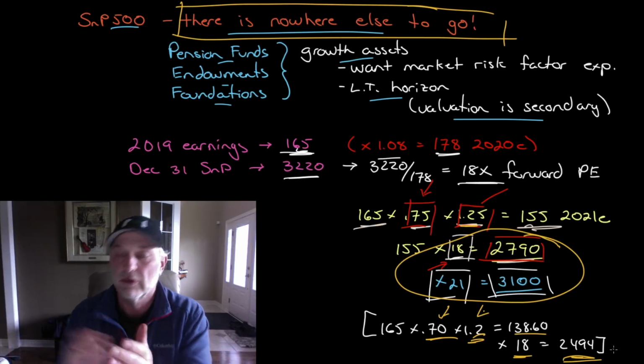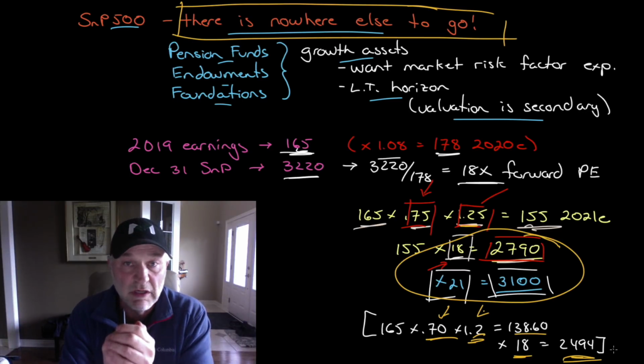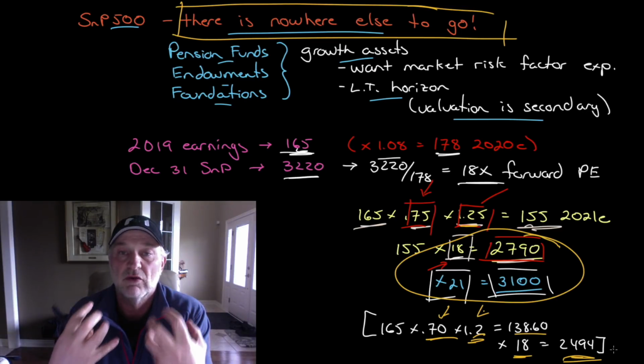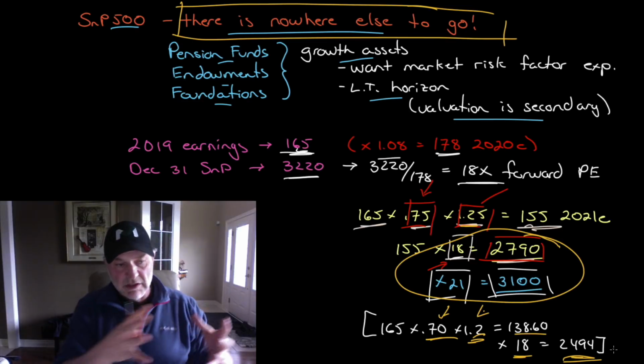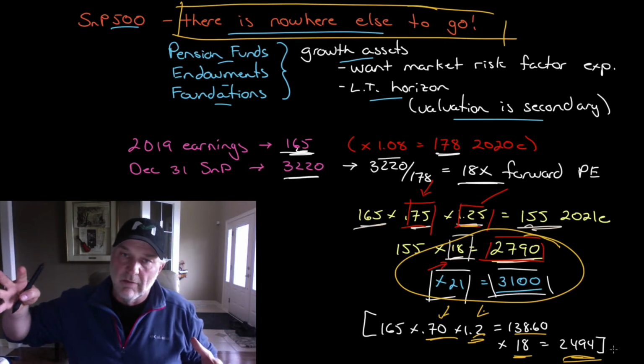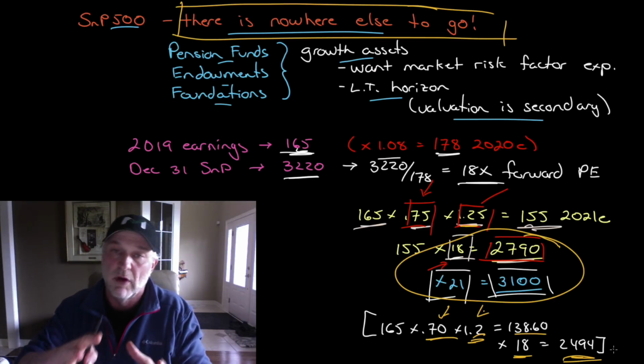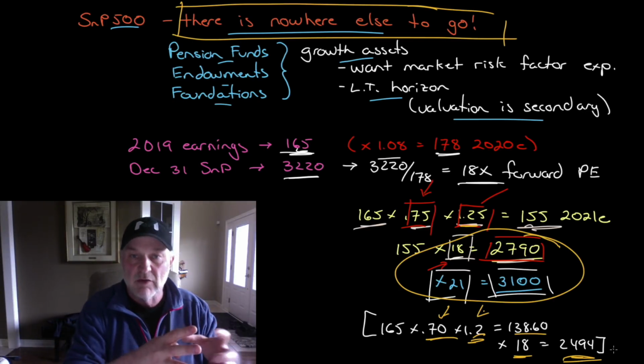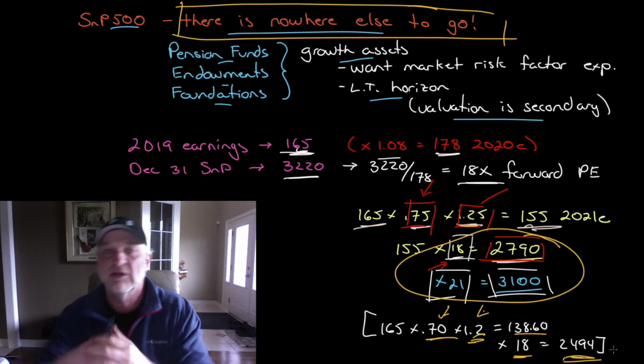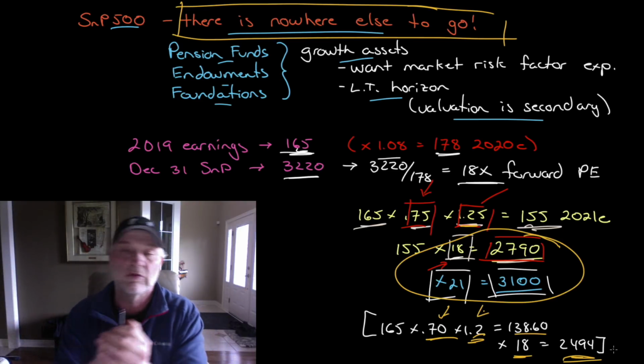What are you going to do? Where are you going to move your money to? You need growth. For those big institutional investors that need exposure to growth assets, where are you going to go? So what have we seen since 2008 to now? We've seen massive amounts of money moving into private equity. Why? Because the growth assets, equity, were still not enough. They still needed more. You've got to move into private equity.